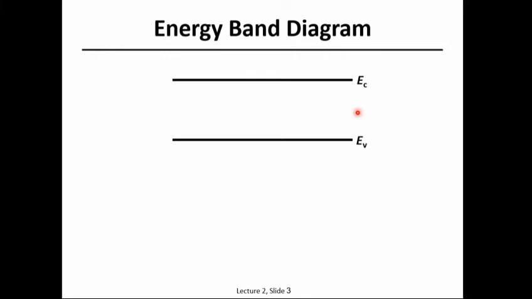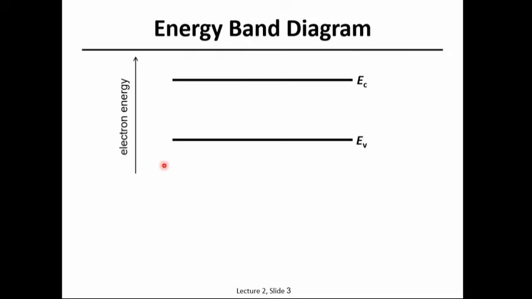As I said last lecture, in order for electrons to move from the valence band to the conduction band, you do it by changing the temperature of the material, which will cause them to jump to the conduction band. So the electron has to have enough energy to pass the energy gap. And the energy gap is specific for every material. It's not the same. So every material has a specific energy gap.